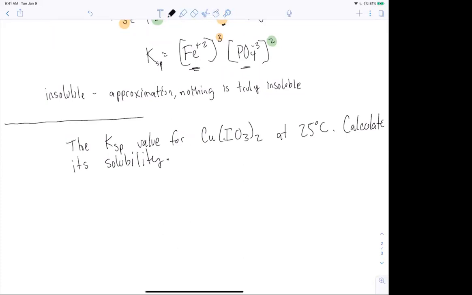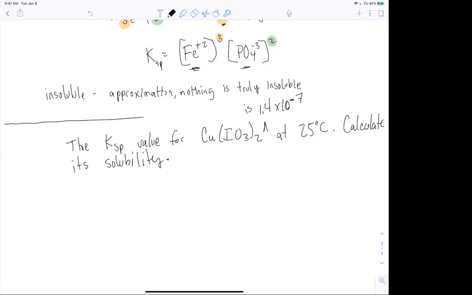So they give you a Ksp. Oh, I left out the actual Ksp value here. So they say the Ksp value for copper iodate is 1.4 times 10 to the minus 7th at 25 degrees Celsius, and they're asking to calculate its solubility.